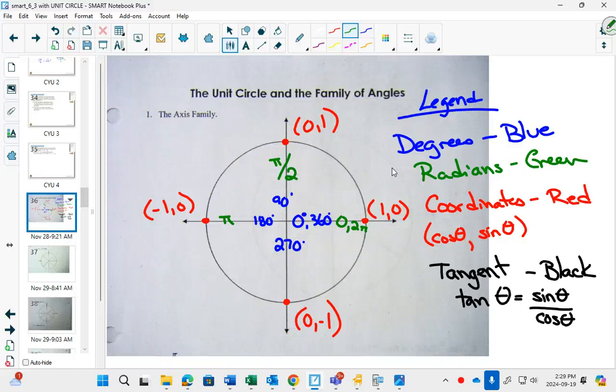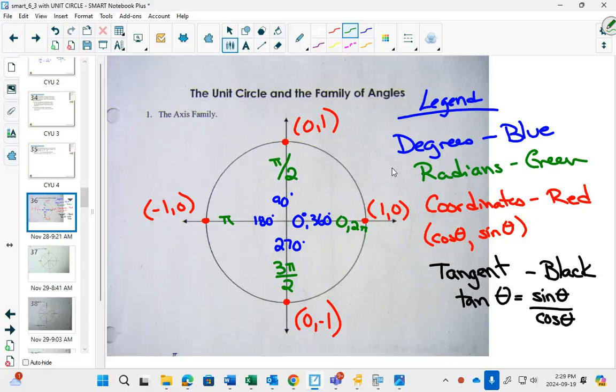And 270 degrees, if this is a half and this is 1, this would be like 1.5. We're going to write 1.5 as 3 over 2, because 3 over 2 is 1.5. That's really 270 degrees. I hope you can see 3 times pi over 2. That's the measure of that in radians.